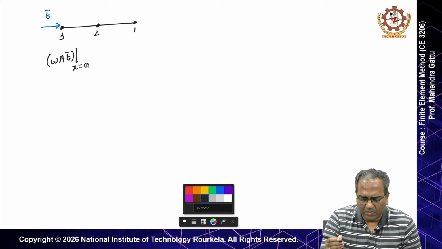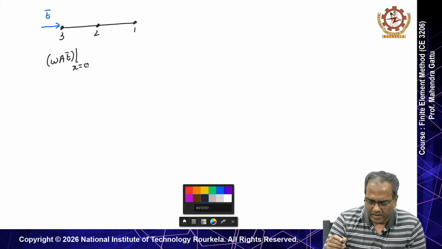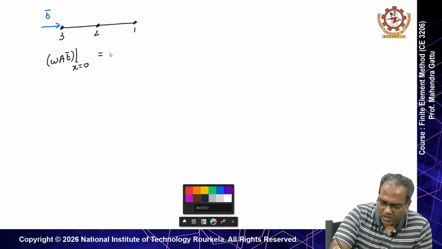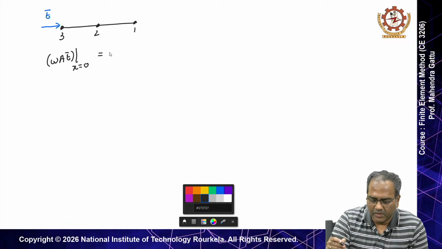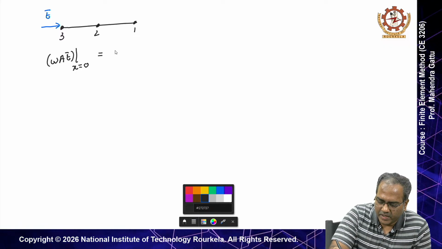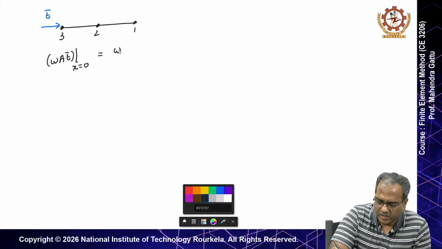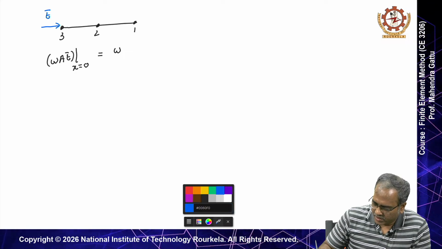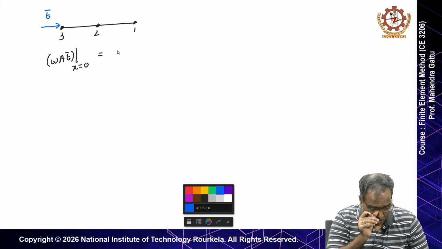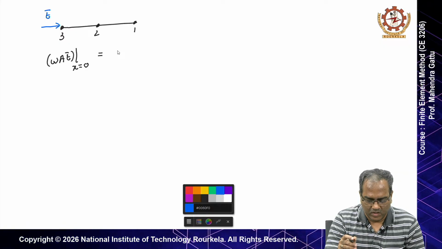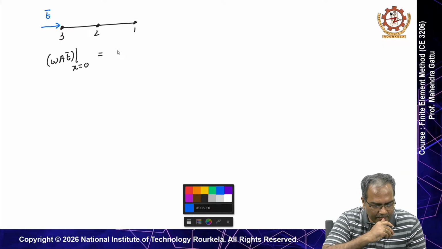So, what will we do? We can write it as, so what is W? W is the weighing function, which we can write in terms of element summation.